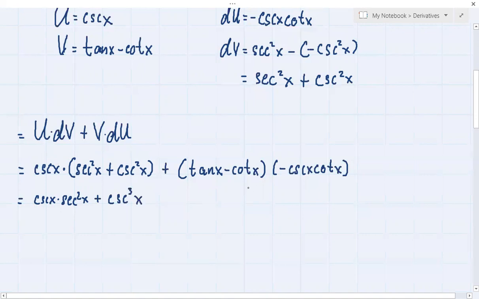Ayan. Now, sa second term, we will distribute this trigonometric function dito sa expression na to. So let's start with the first one. Cosecant x times cotangent x. If you want to take it slow, no problem. Ipagdikit-dikit mo muna sila. So in here, we will have negative cosecant x times cotangent x.